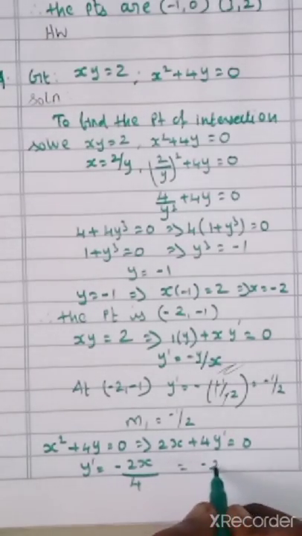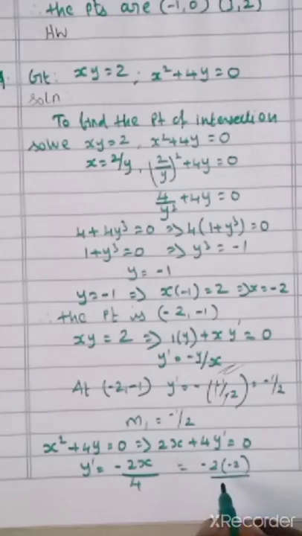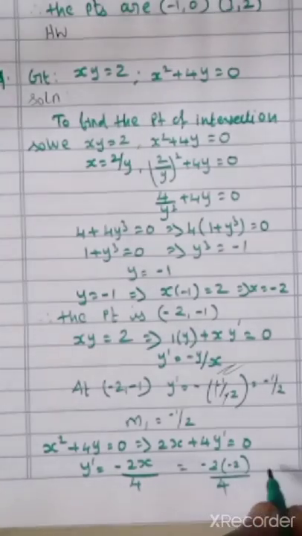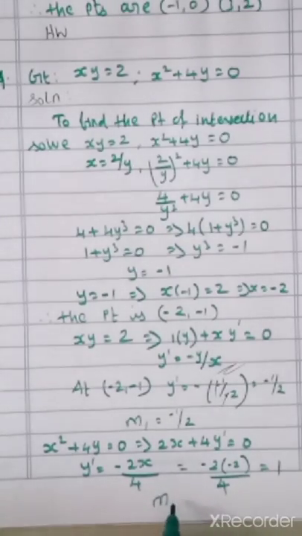Minus 2 into x value, sorry, x value is minus 2, and 4 stays. 2 2s are 4, 4 4 will get cancelled, minus minus plus. So y dash is equal to 1. That is m2. m2 equal to 1.